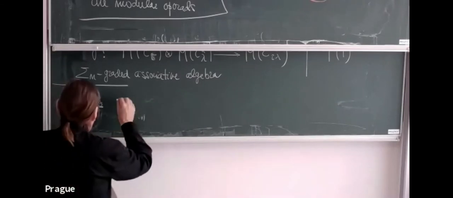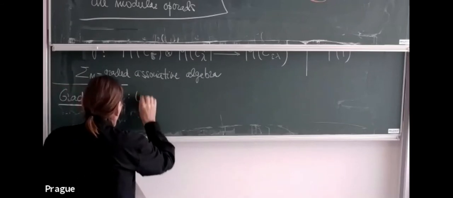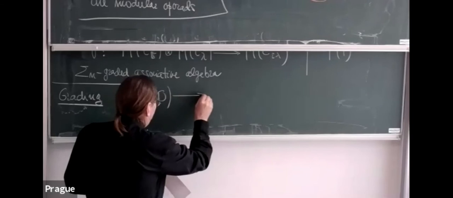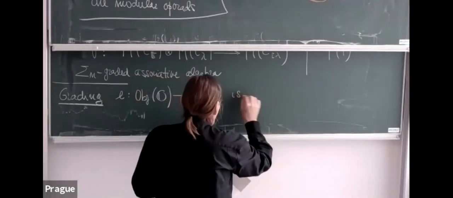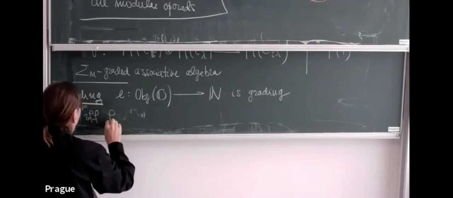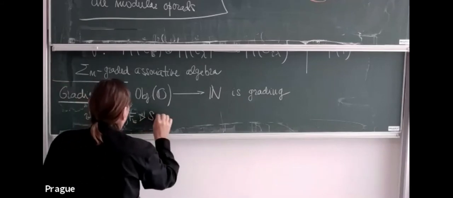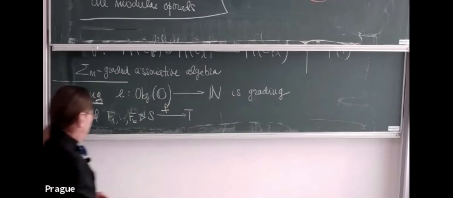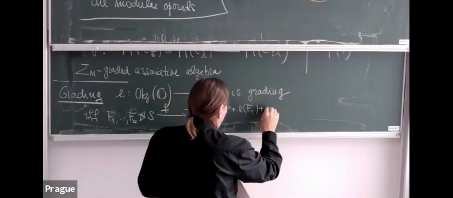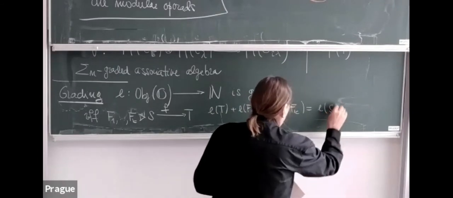I say that a map of sets from objects of O, well, it may not be a set, but anyway, from objects of O into natural numbers is a grading if for any f with fibers f1, ..., fk, I have the following equation: e(f1) plus ... plus e(fk) is e(S). So this is the notion of grading.